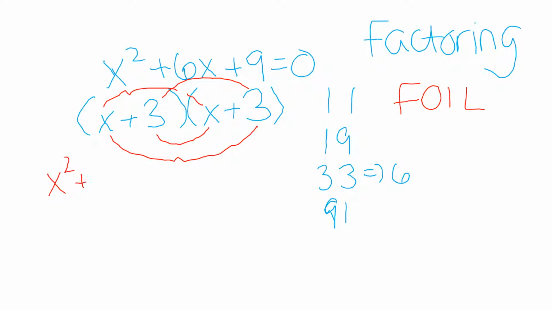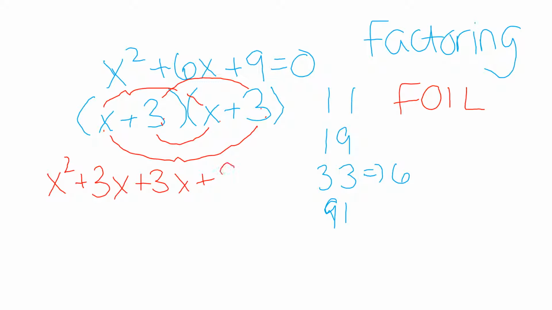And now we add the next term, outsides, which are our two outside terms, x and 3. 3x. And then we do our inside terms, which is x and 3. And then we do our final term and add that in, and that's 3 times 3, and that's 9.